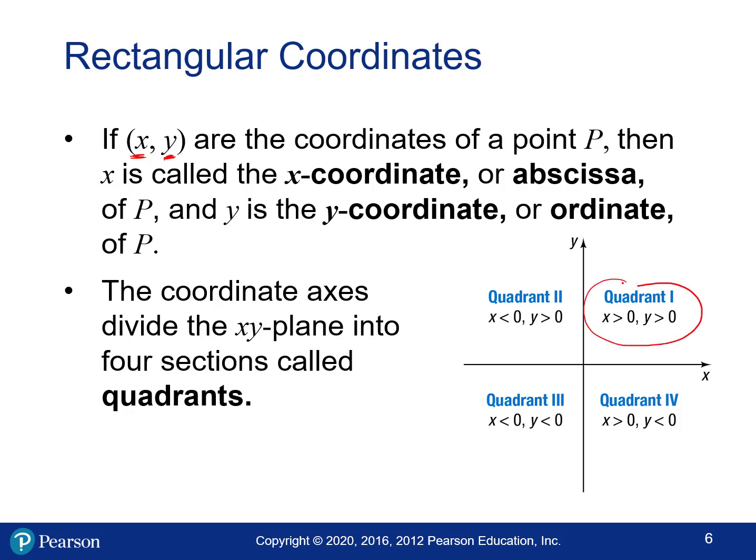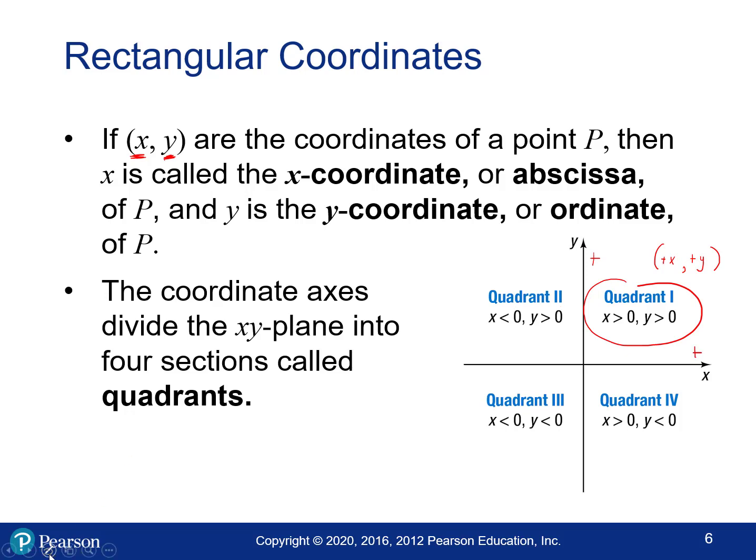So we have quadrant 1 right here, and notice here all of the x values are to the right of the origin, so +x, and then all of the y values are above the origin, so +y. Every coordinate in quadrant 1 has a +x and a +y. So if you want to look at it as an ordered pair, your x is positive, and then your y is also positive.